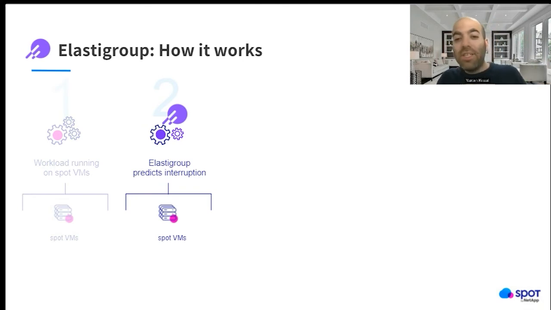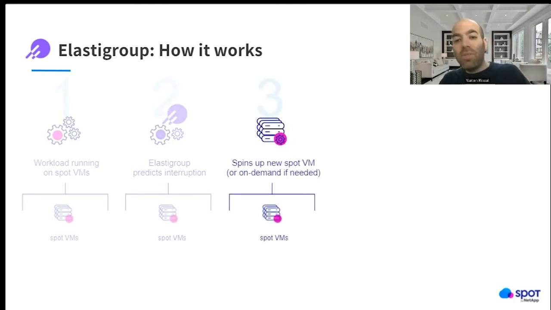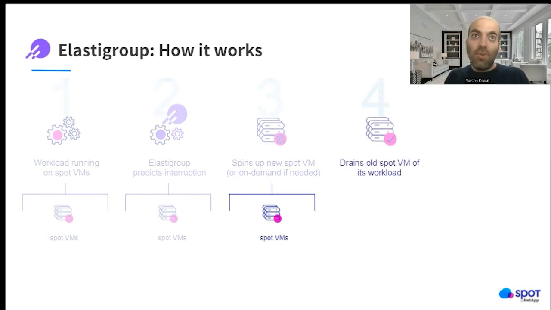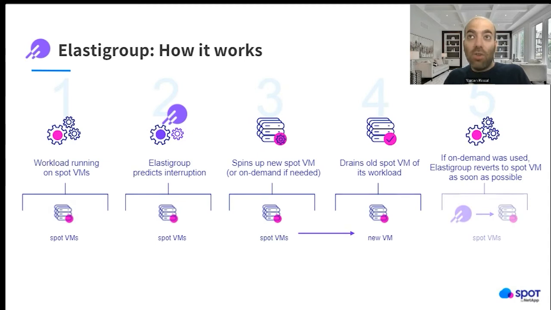Once this prediction is up and running, Elastigroup takes a proactive approach of scaling up a new spot VM, or an on-demand if that spot VM or spot market is not available at the moment. And it proactively scales out a new spot VM, which in this fourth step, we are seeing drains the old spot VM out of these workloads and moves it to the new VM as well.